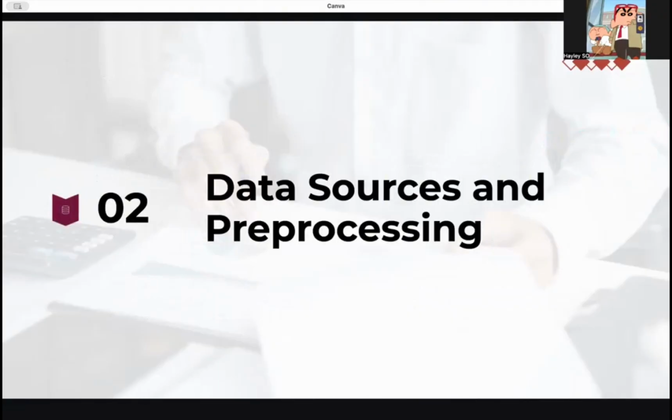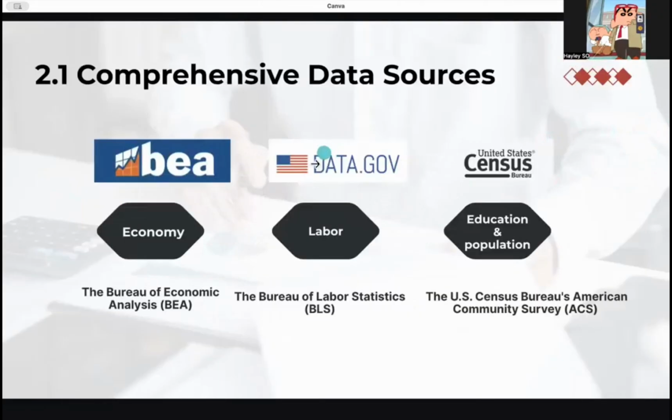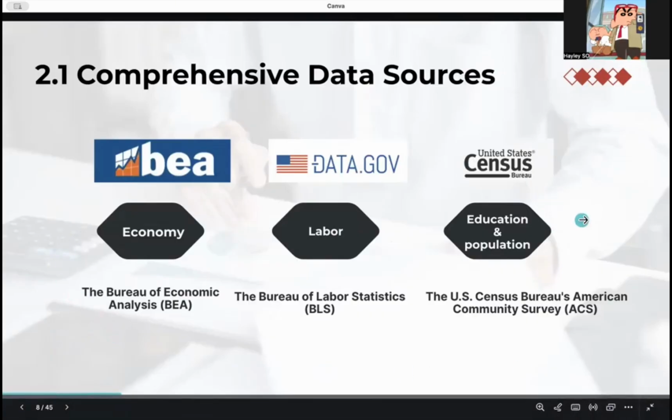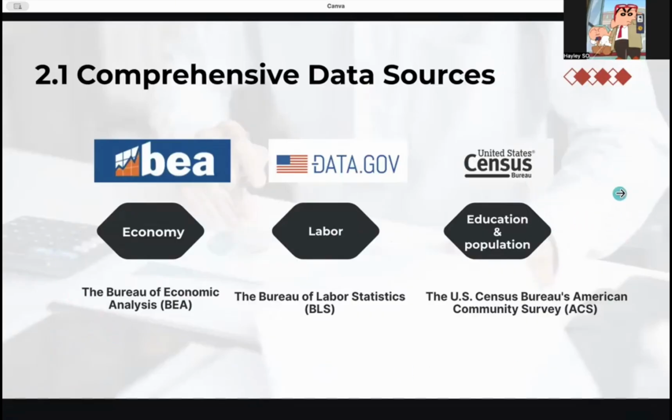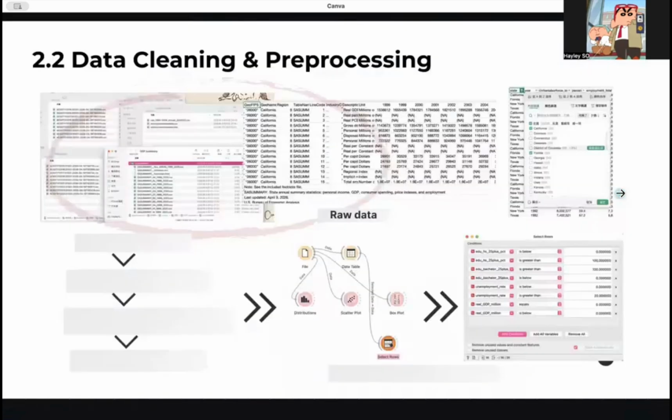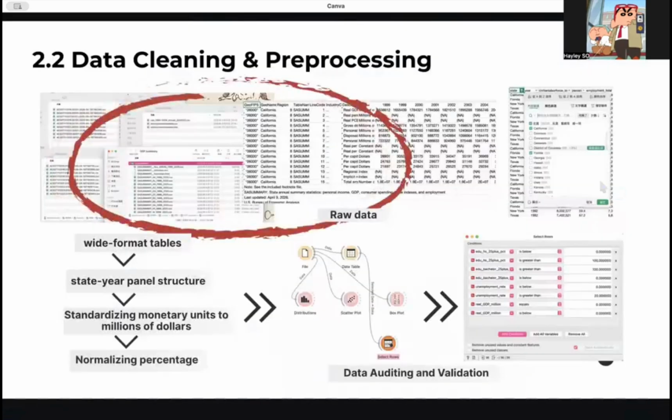Next, this slide shows our data sets. To make sure our study is reliable, we use official U.S. federal data, which comes from these 3 government data websites. Next, I will explain the data pre-processing.